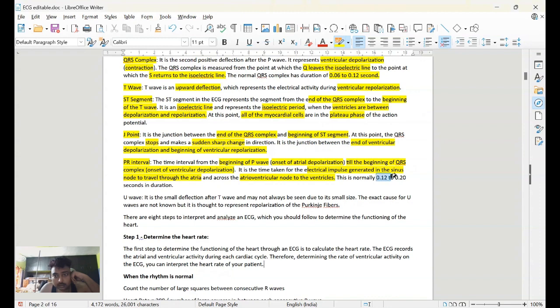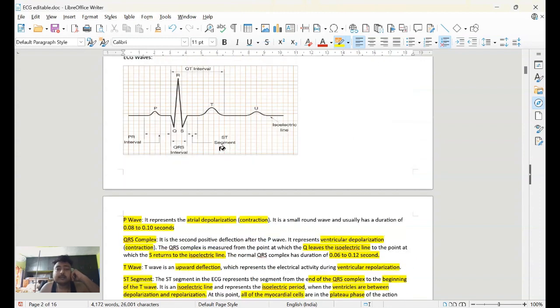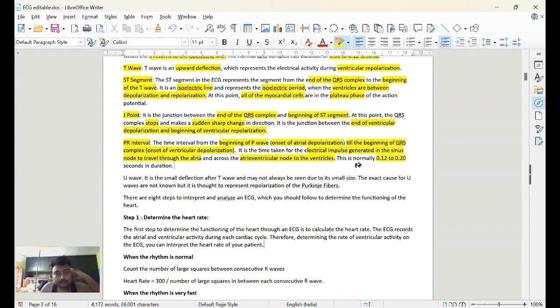Blood comes from the atrium to the ventricle, and the electrical impulse passes from the SA node to the AV node. So this is the PR interval, and it takes 0.12 to 0.20 seconds.